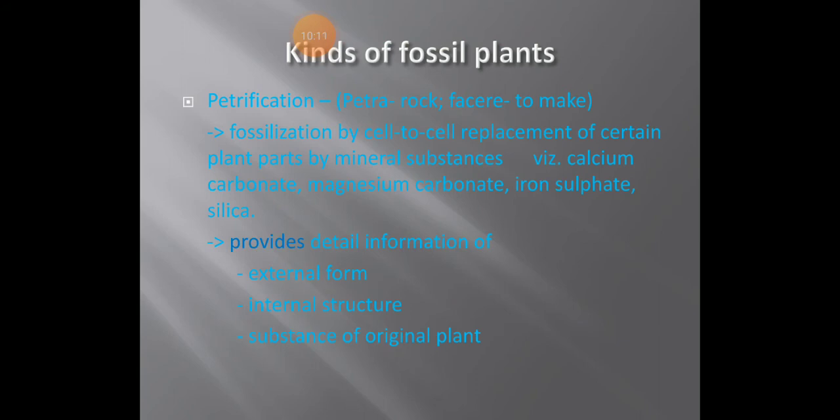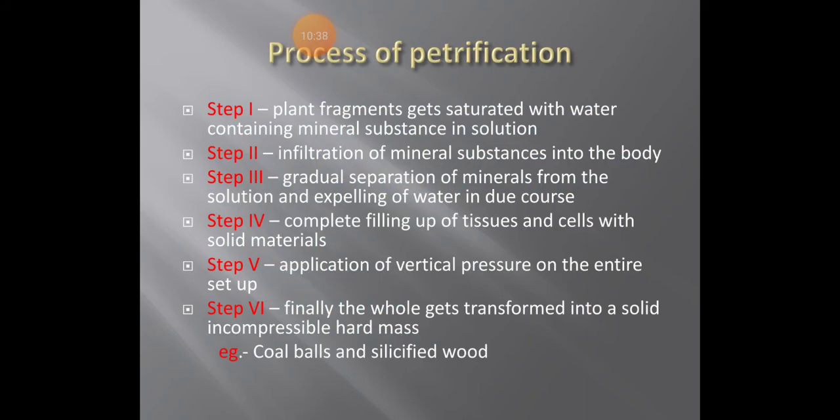For example, calcium carbonate and magnesium carbonate will completely replace the plant part and form a rock-like substance, but the plant structure is the same, though it is completely turned into a rock-like structure. That type of fossil is called petrification.